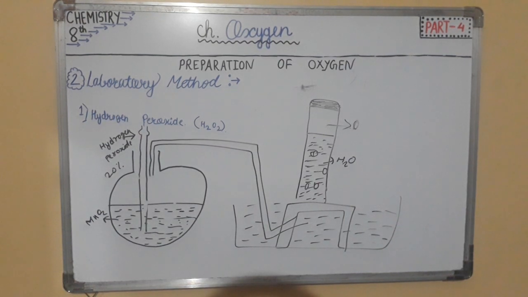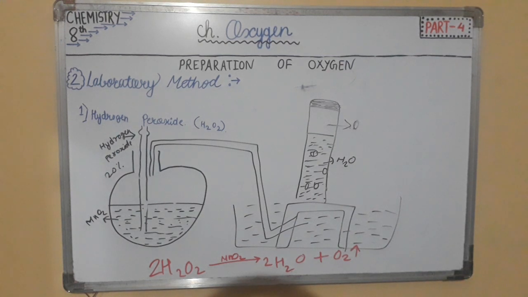The equation involved in the process is 2H2O2 gives, on MnO2, 2H2O plus O2. This is water, this is oxygen, and this is hydrogen peroxide.